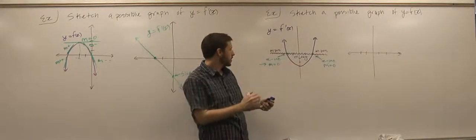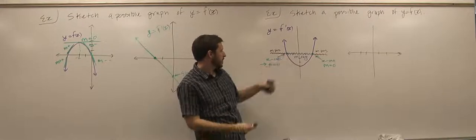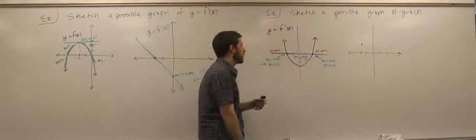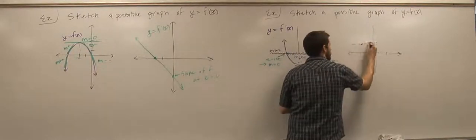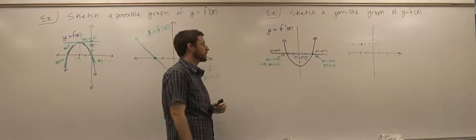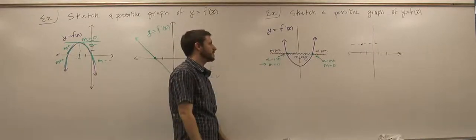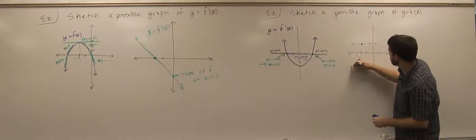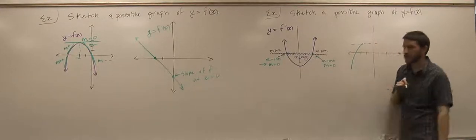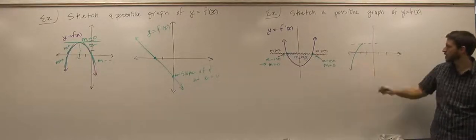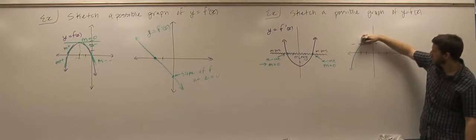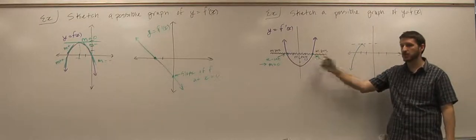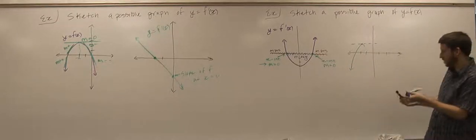So at -2, I'm going to have a horizontal tangent line. Before that, my slope is positive, which means I must be coming up like this. And then I turn around because I have a horizontal tangent line there.